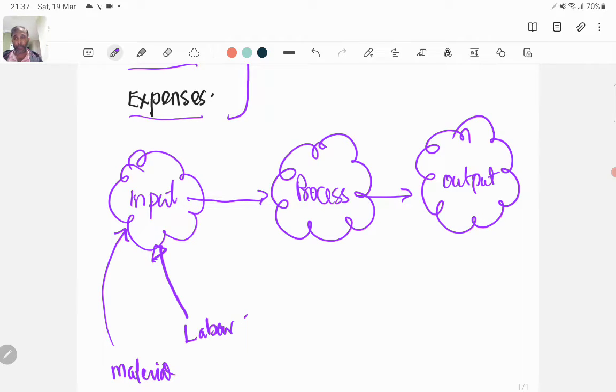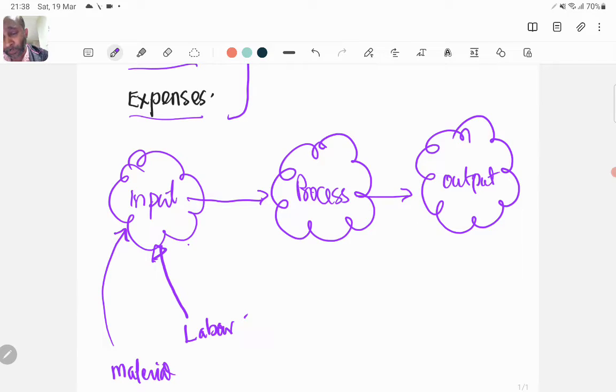Sometimes material needs to be introduced at the very beginning of the process, sometimes at given intervals. However, labor we need on a continuous basis as the production process continues. The expenses are the same story.